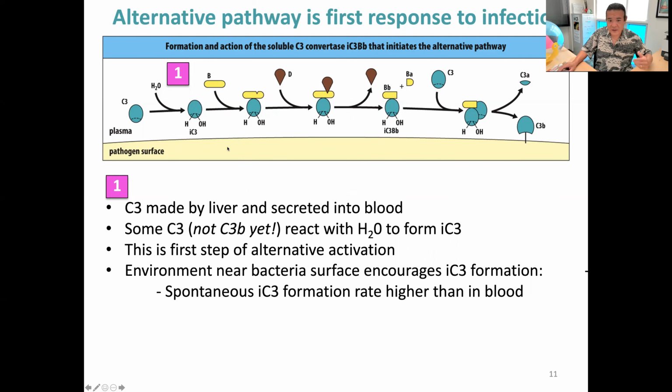And I said the environment close to the surface of the bacteria encourages this iC3 formation. In fact, the spontaneous rate of iC3 formation is much higher closer to the surface of the bacteria compared to the C3 that's just floating around somewhere else, like in your blood or in your tissue.